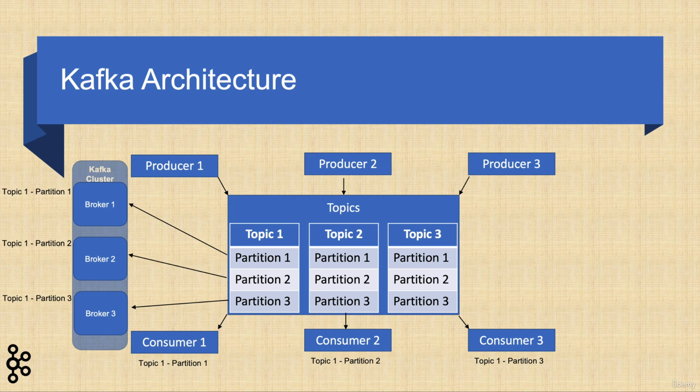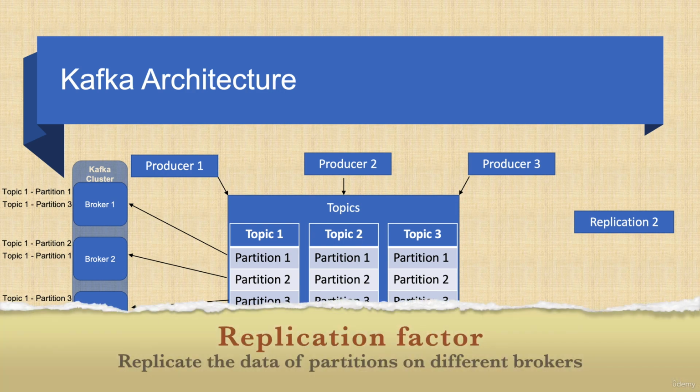Now it comes to resiliency. Kafka provides replicas, where you can define a replication factor to replicate the data in each partition on different brokers. And assuming all brokers have their own machines, you are safe that you don't lose any data in case of a failure in a broker.